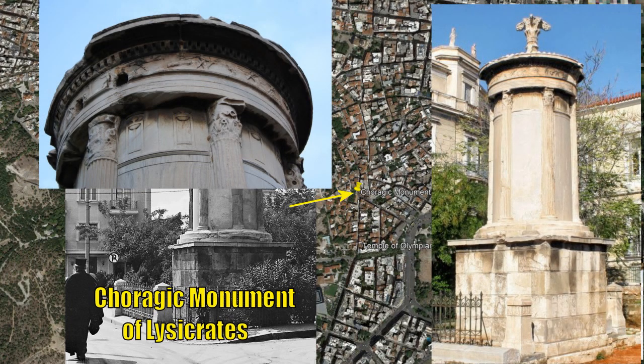Here we see some recent photos of the Choragic monument, and on the top left corner we can see the top portion in a more recent photograph. Why it is so important and influential: it was the first structure in the Greek era to use Corinthian order decorations on the outside of the building.